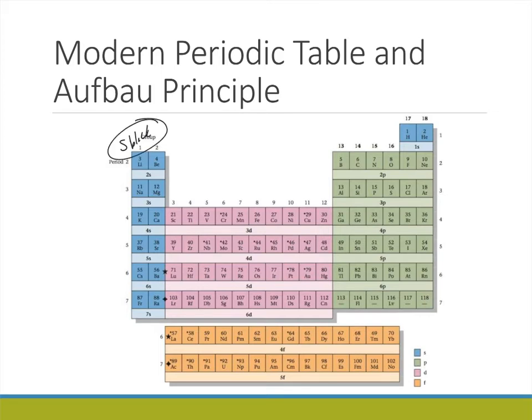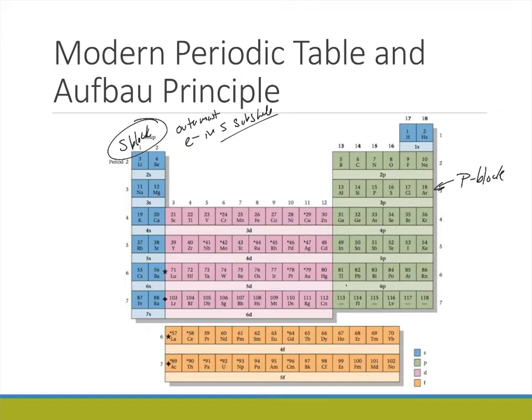They are S block elements because that is where their outermost electron ends up, in an S subshell. On the other side of the periodic table, the rest of our main group elements, these green elements, is our P block. Why are they P block? Because their outermost electrons are in the P subshells.